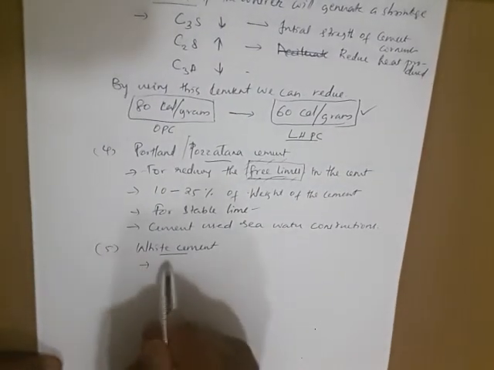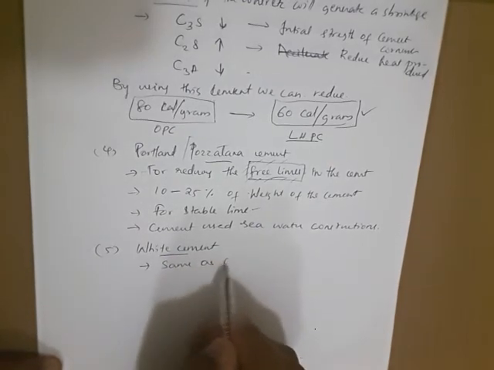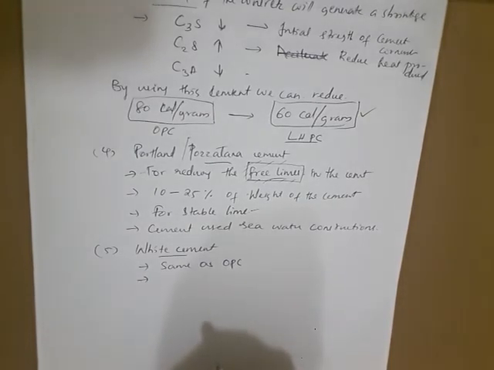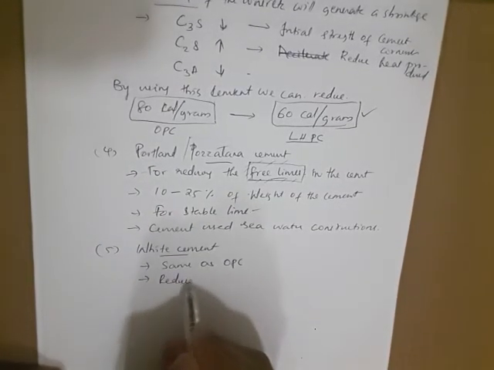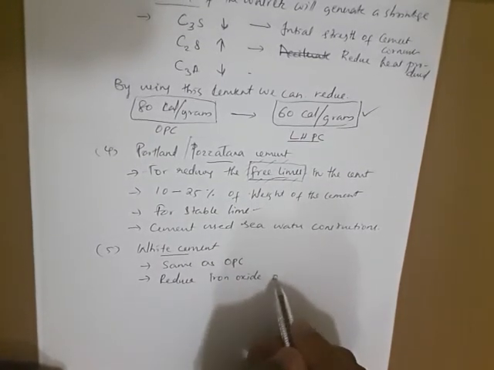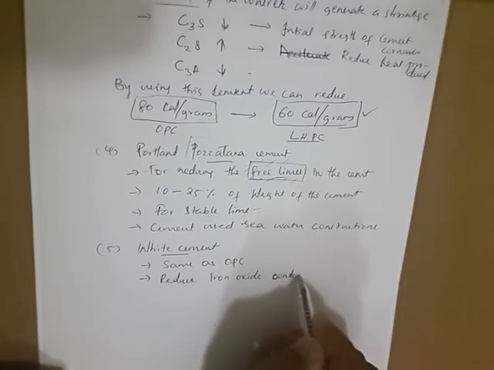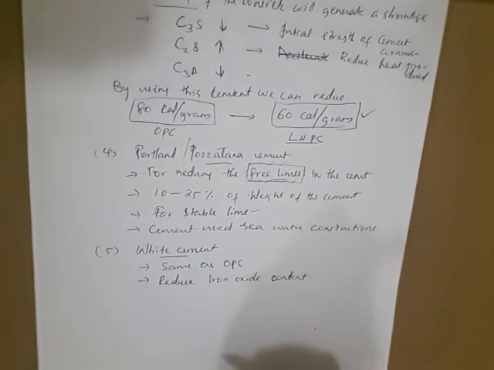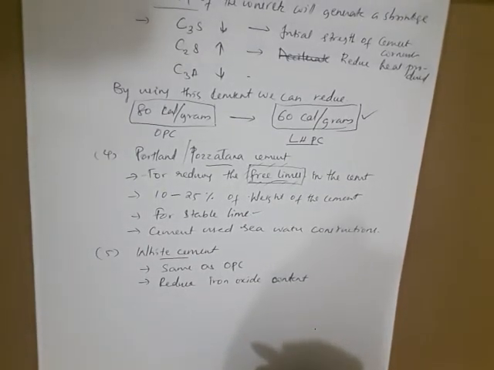White cement is basically the same as OPC, and to remove the color of the OPC, we have to reduce the iron oxide content in the making. This is white in color and mainly used for decorative works in construction.